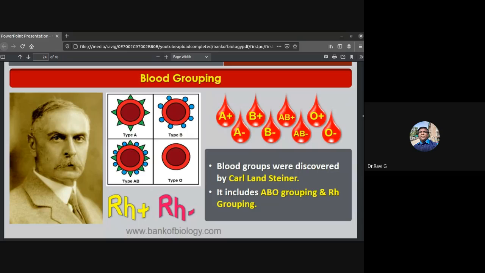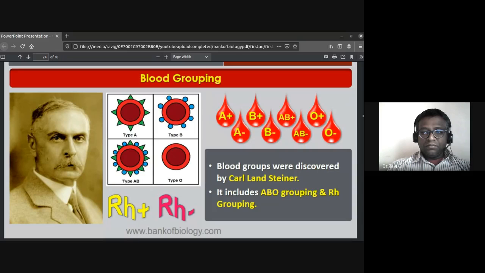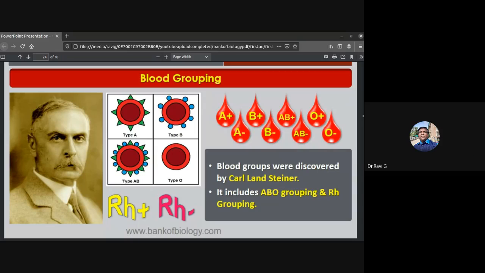So O blood group people can donate blood to all types of blood groups, whereas the AB blood group can receive blood from all types of blood groups. So that is what you can remember. Universal donor is O blood group, universal recipient is AB blood group. In that, the most efficient donor is O negative blood group people.